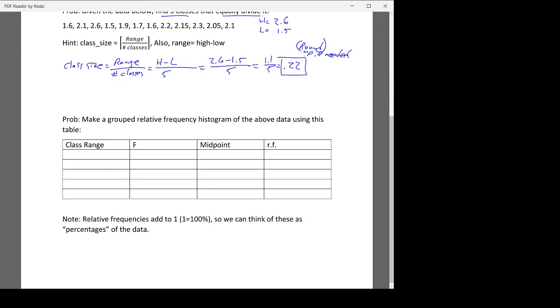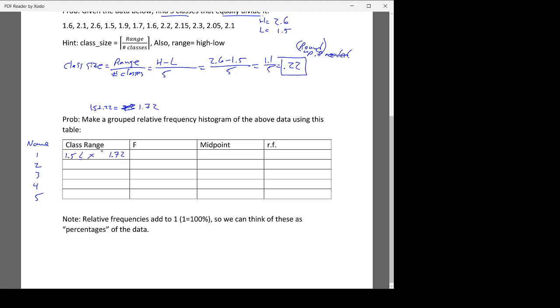That'll do it. And then this says make a grouped relative frequency histogram of the above data using this table. So again, we need a class range and frequency and midpoint. What are our classes? I guess there'll be 5 of them. The range for the first one would start at 1.5, and then 1.5 plus 0.22 is 1.72. So 1.5 to 1.72.